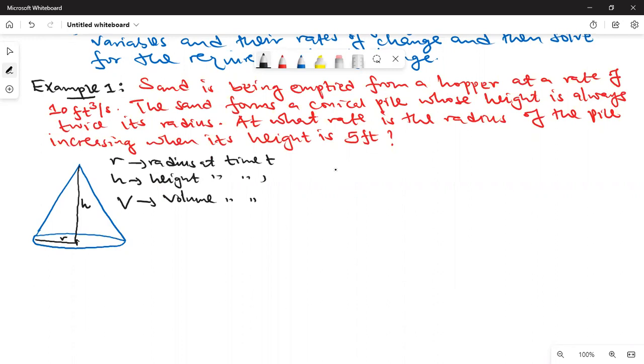So look at the information. Sand is being emptied from my hopper at a rate of 10 cubic feet per second. When we are emptying sand from the hopper, it means our conical pile will increase in volume. And something I need to tell you, that when it comes to related rates problems, every time something is increasing, we give it a sign of positive to mean an increase.